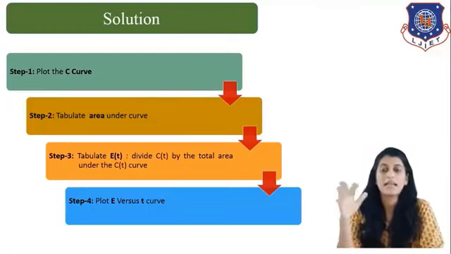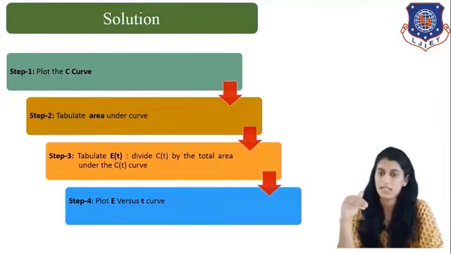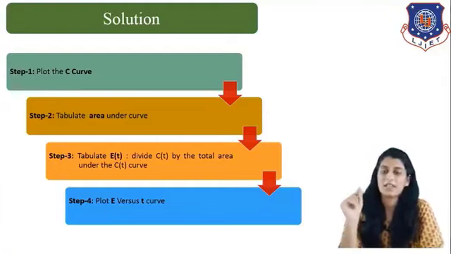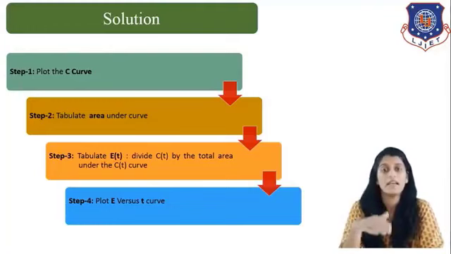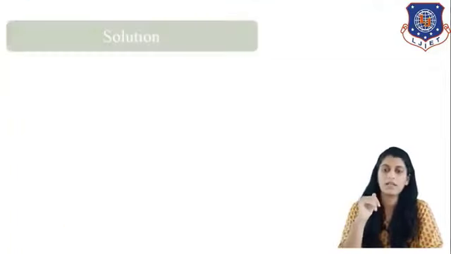So that is the area under the curve. In step number 3, we need to find the values of E. For finding values of E, we need C and the area under the curve C. And at last, when we have the values of E at each and every interval, we can plot a graph of E versus t.